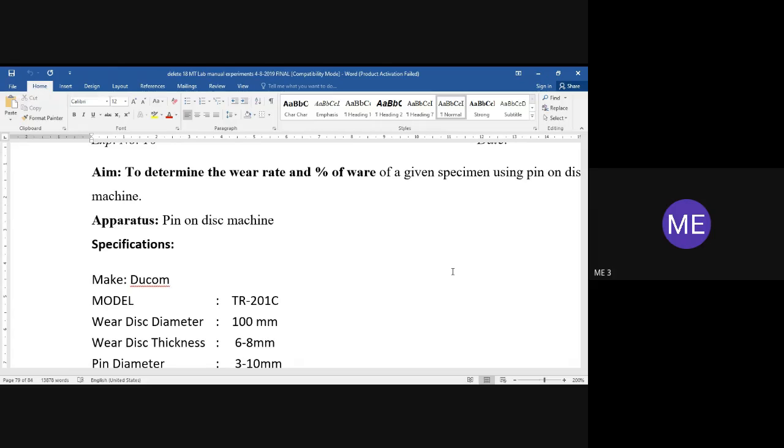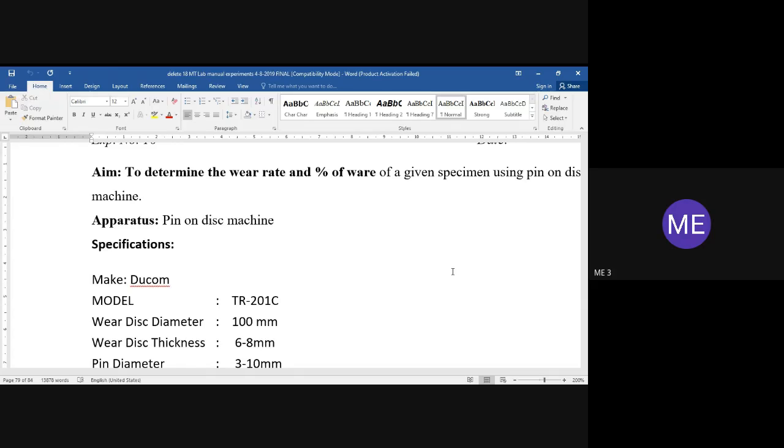Now, as this is a simple experiment, imagine you have to weigh the specimen before putting it in the wear testing machine. Imagine you run the machine for around 10 hours 30 minutes. The specimen will wear out. Once the specimen is worn out, you take out the specimen again and measure the weight.